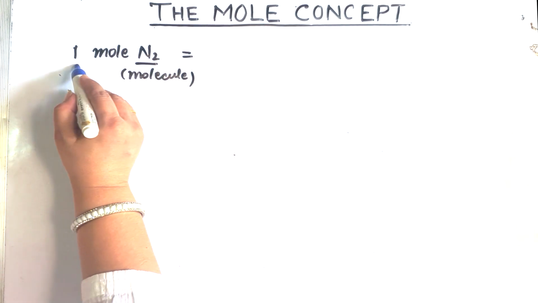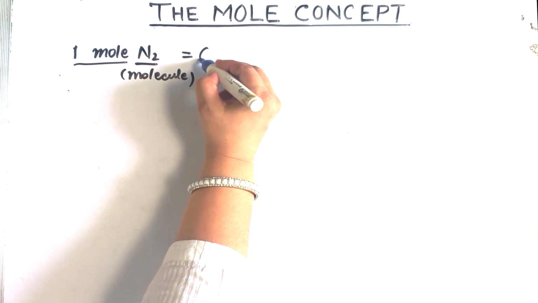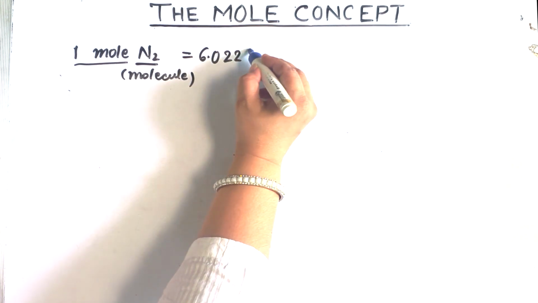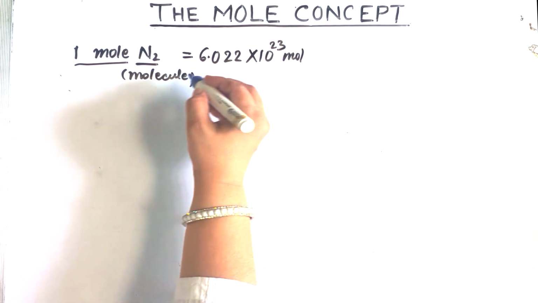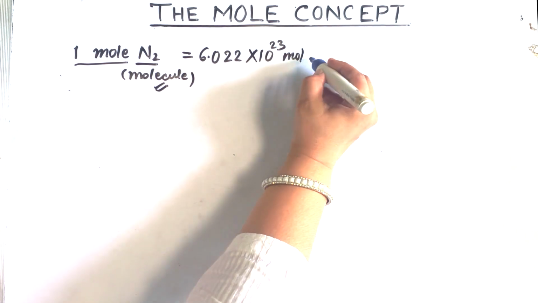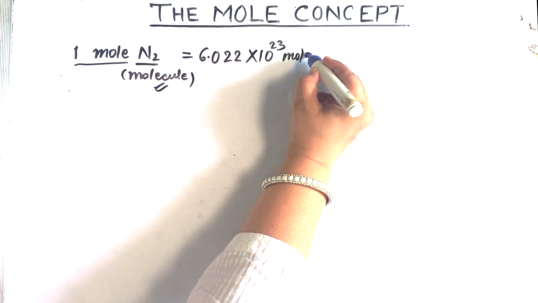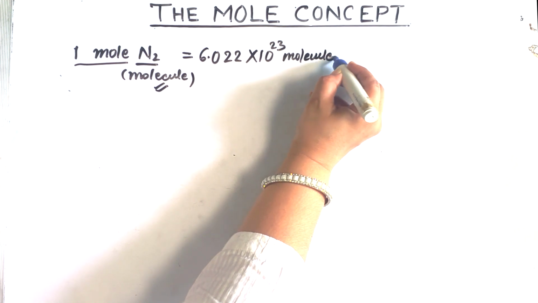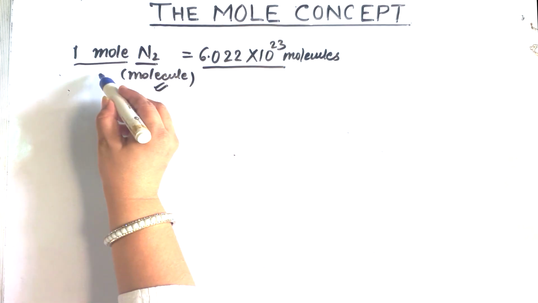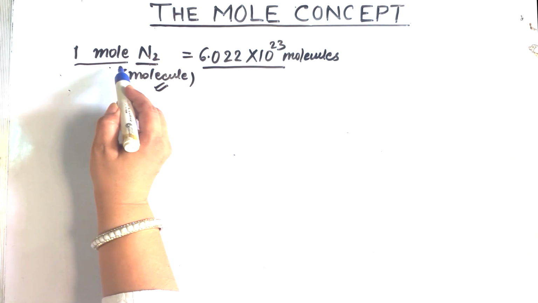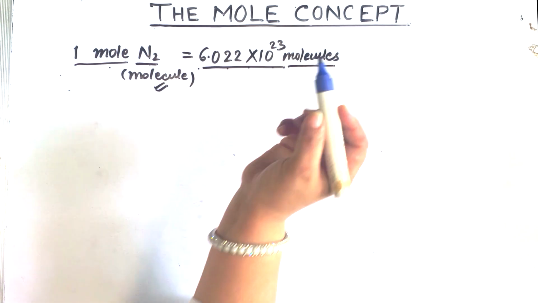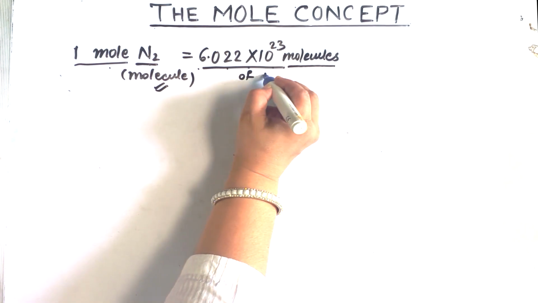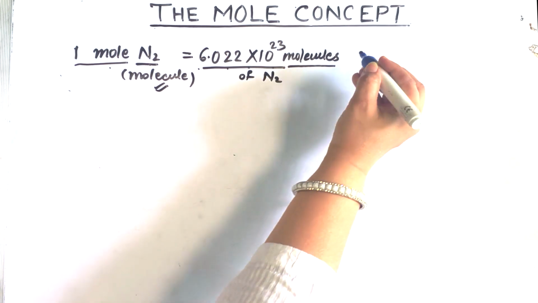We know that this 1 mole is always equal to 6.022 × 10^23 molecules, because I am taking molecules here, so the particles will be our molecules. So how many molecules are there of nitrogen in 1 mole of nitrogen? 6.022 × 10^23 molecules of nitrogen. We are dealing with nitrogen right now.